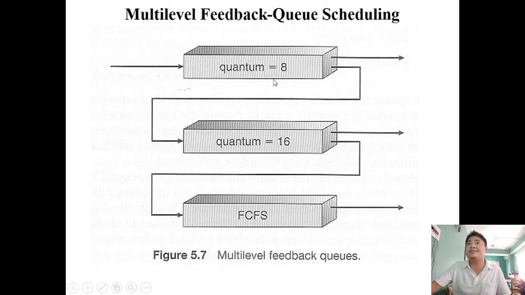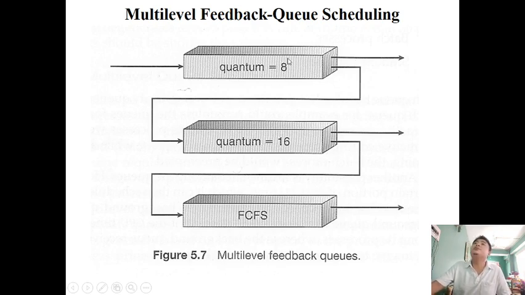Suppose there is one process in the first queue, and this first queue is implemented with the help of RR. The second queue is implemented with RR, but with a different time quantum, and the third queue is implemented with the help of the FCFS scheduling algorithm. Now that process is to be executed by the CPU, and the time quantum given to it is 8.